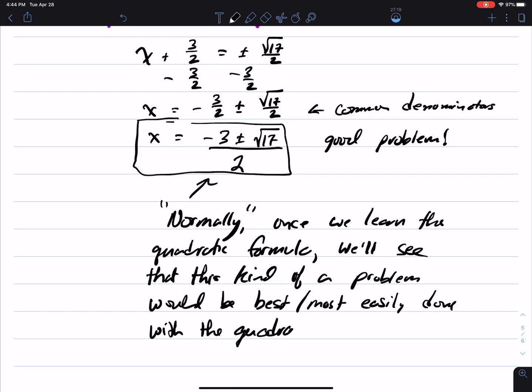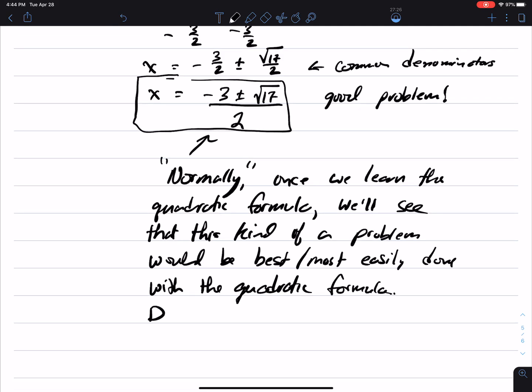And that's coming up in the next lesson. But the fact that it did not factor, until we use the process of completing the square to make it a PST, it would not have been factorable, which normally we would go to the quadratic formula.